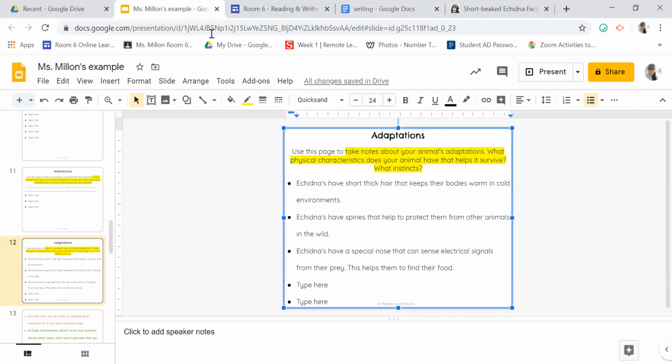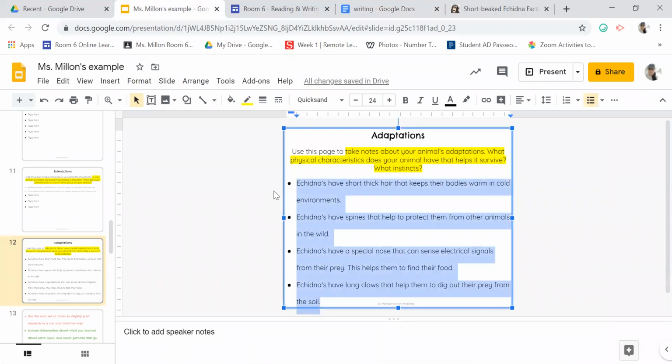Maybe I'll switch those words around a little bit, that help them dig. And maybe I'll put from the soil, right? I'm guessing if the echidna didn't have those really long, sharp claws, they might not be able to dig out all of those insects that they eat. So they need that to survive, okay?